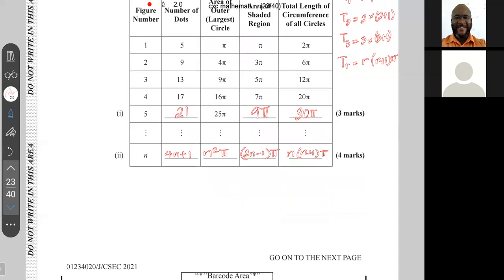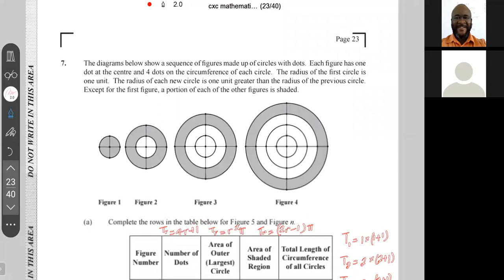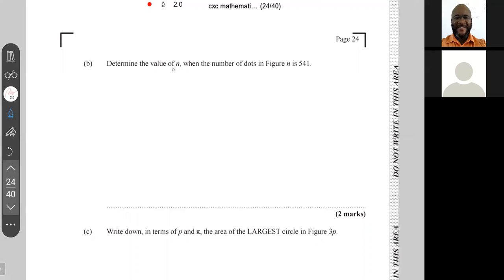So this question has another part. It says determine the value of n when the number of dots in the figure is 541. Now, the general term for the number of dots is 4n plus 1, which is the number of dots for figure n. And you get 541.